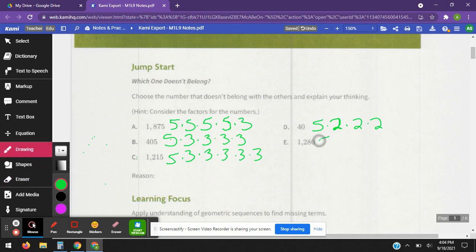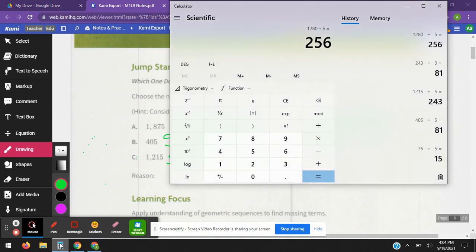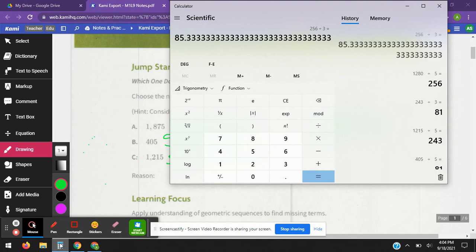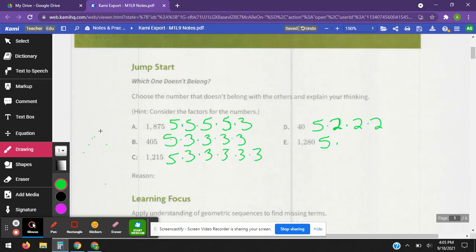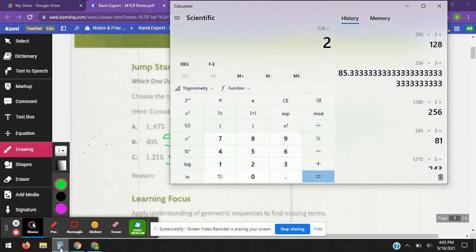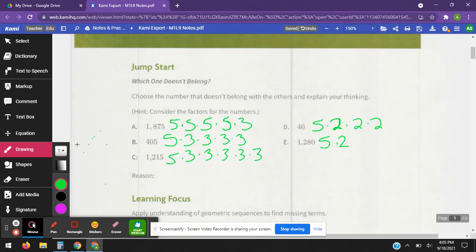So when I divided by 5, 256, I don't think that divides by 3. Nope. 256, I guess we'll have to divide by 2. Is 128. So 128 divided by 2 is 64.